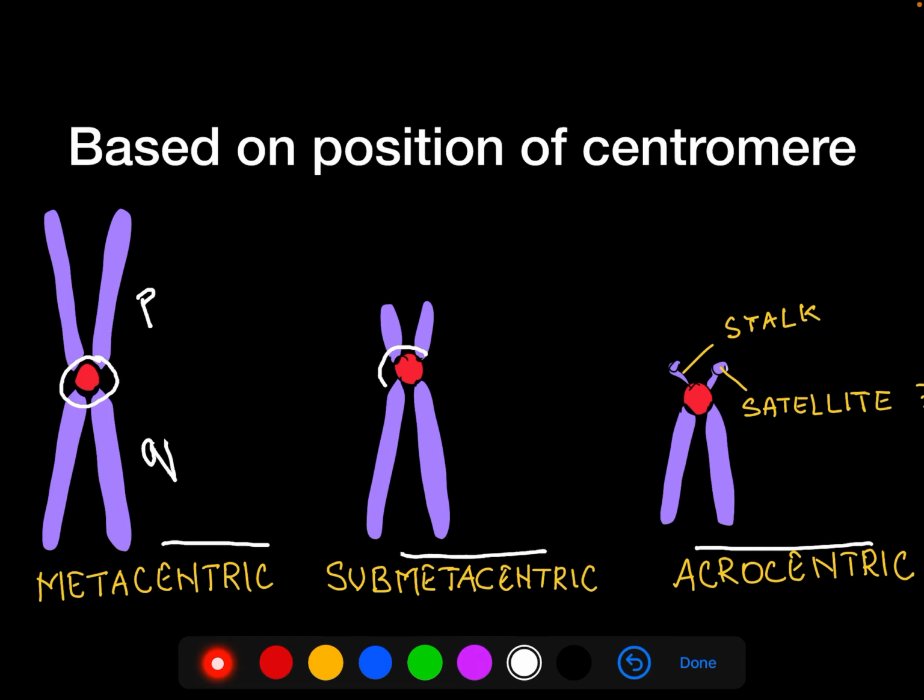In the submetacentric chromosome, the centromere is displaced to one side, so the P arm is shorter and the Q arm is longer. In the acrocentric chromosome, the centromere is located near one end, so it has a long Q arm and a very short P arm. Sometimes it shows a secondary constriction and a satellite, and the connecting part is called the stalk.